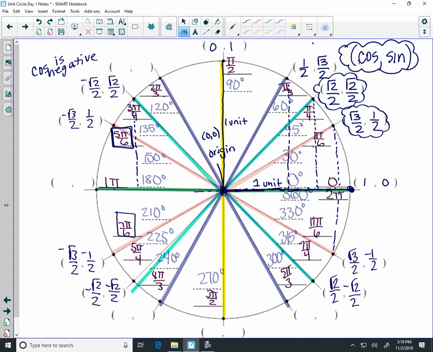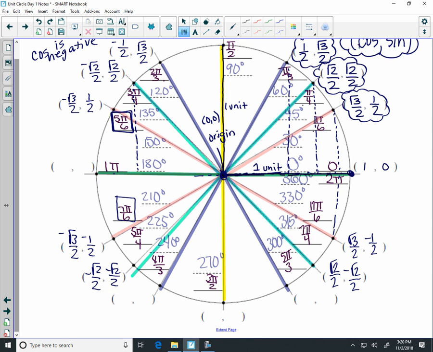All right, thirds. So at pi over 3, cosine is 1/2, and sine is radical 3 over 2. So my ordered pair is 1/2, radical 3 over 2. Following the same pattern we've been going with in the 2nd quadrant, at 2 pi over 3, my ordered pair is negative 1/2, radical 3 over 2.